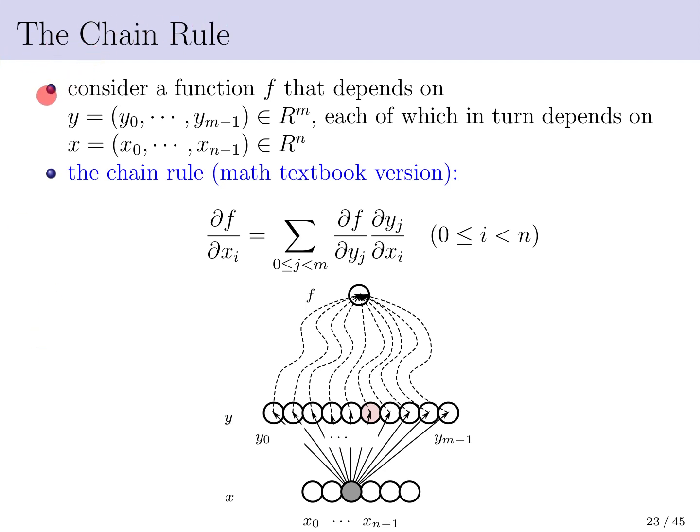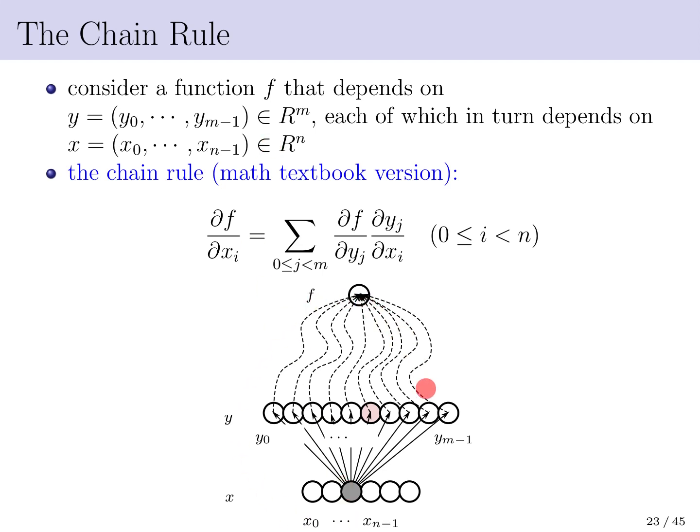We consider a function f that depends on y. Let's say it is an m element vector, each element of which in turn depends on another input x, which is an n element vector.